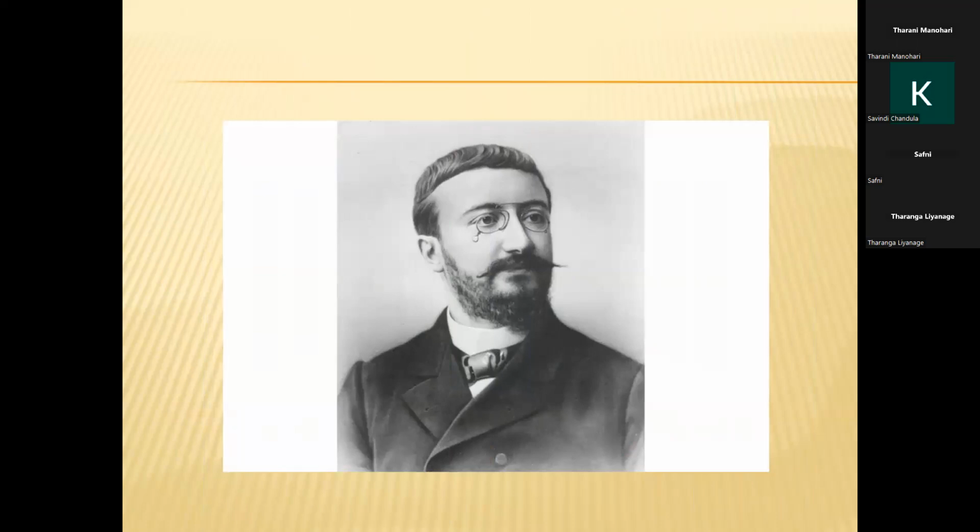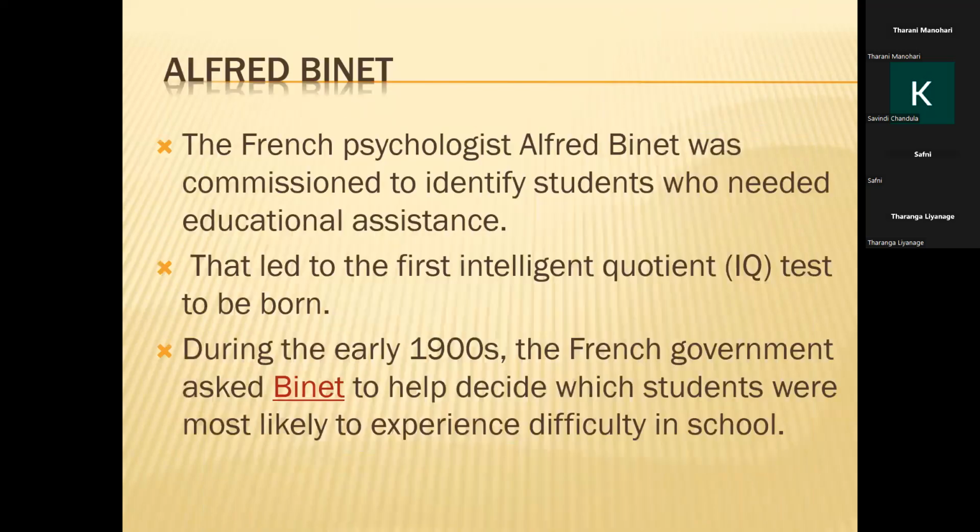This is Alfred Binet. The French psychologist Alfred Binet was commissioned to identify students who needed educational assistance. And based on that, he developed the concept called intelligence quotient. During the early 1900s, the French government asked Binet to help decide which students were most likely to experience difficulty in school.